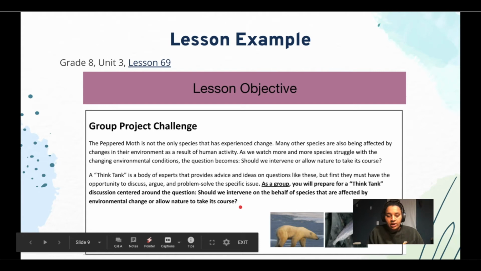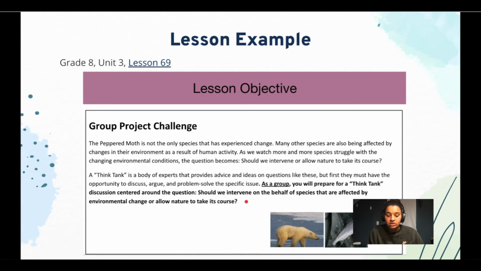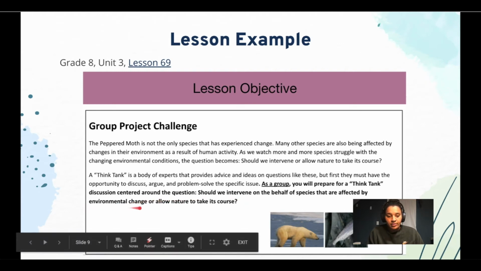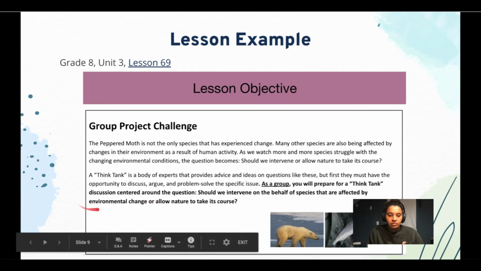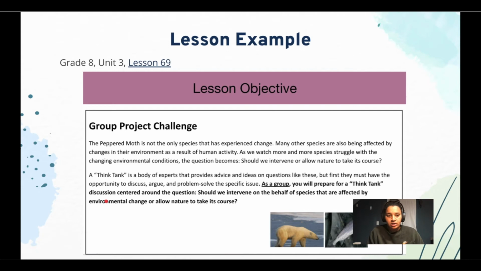So there are some high-level idioms and vocabulary words used in this question. Of course, environmental change is something that they've been talking about throughout this unit. So it does not necessarily need to be addressed in this dictionary unless it hasn't yet been addressed.